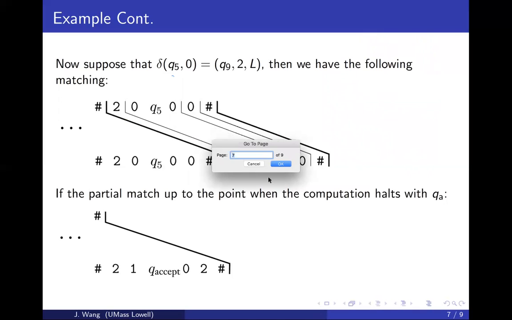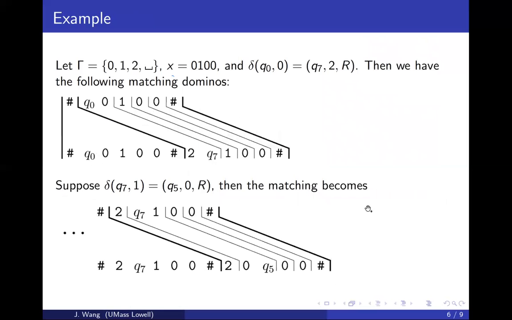Okay, we do this. Okay, so we follow it. So this, as we said, up to this point, the initial configuration is matched. And the next one is that Q7 on 1, change 1 to 0 and go to the right.